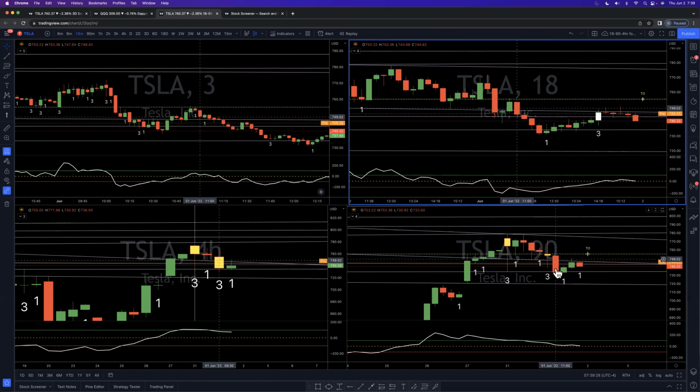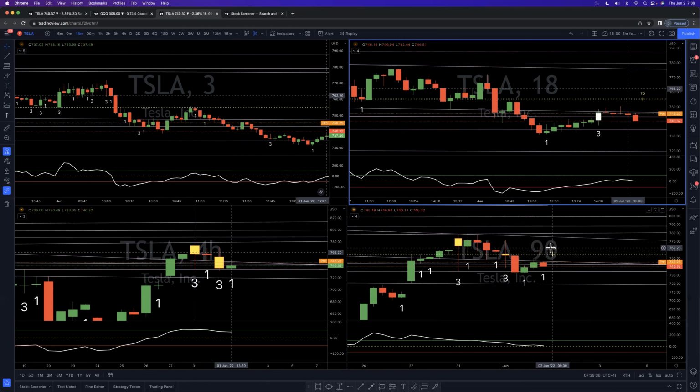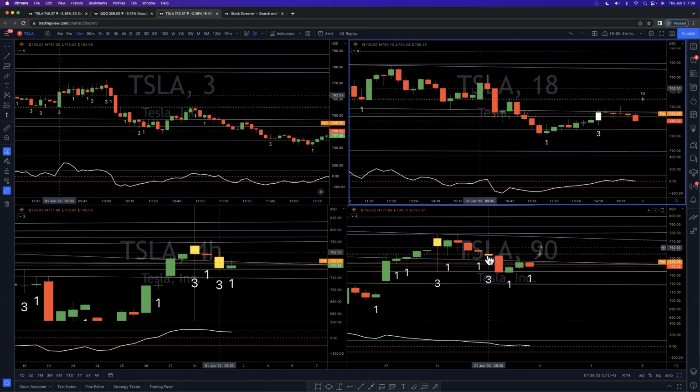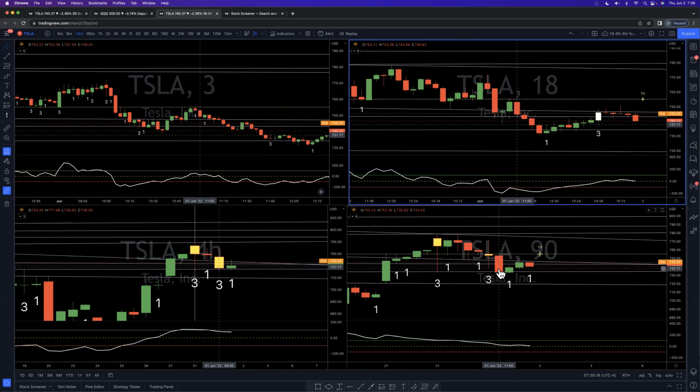Here's the 90-minute flip, guys. This is why I switched to the 90, because it gives me a better view of the daily trend. I look for 90-minute flips versus the 60-minute flips. Nothing wrong with 60. I just figured out how to avoid certain entries.